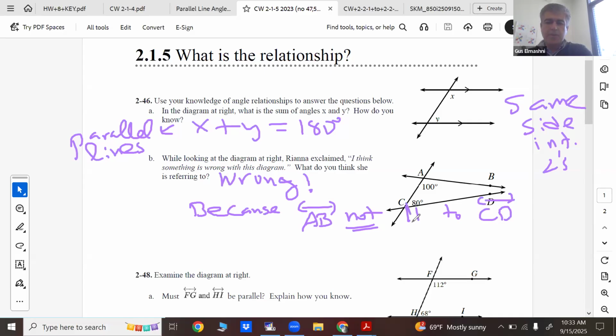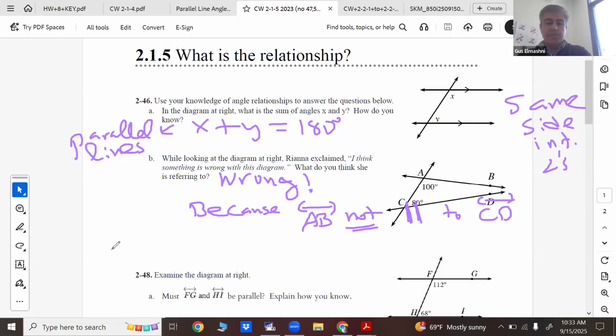Remember that little symbol? That means parallel, the two vertical lines drawn like that. So you can't say that that's 100 and that's 80. You can't say that because they're not parallel. I mean, it's pretty obvious they're going to touch.